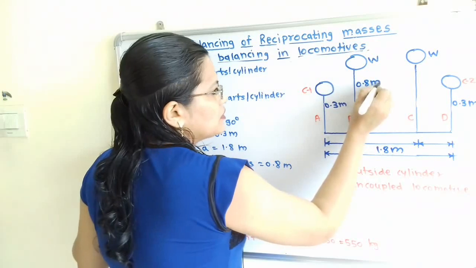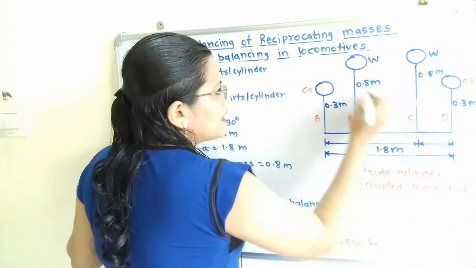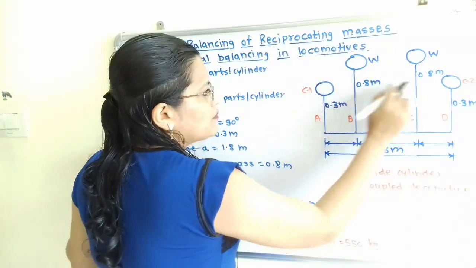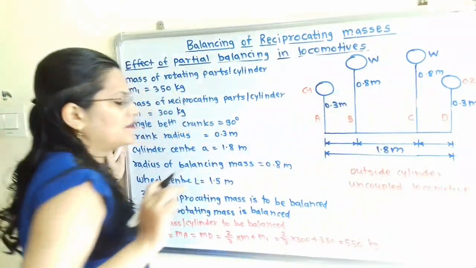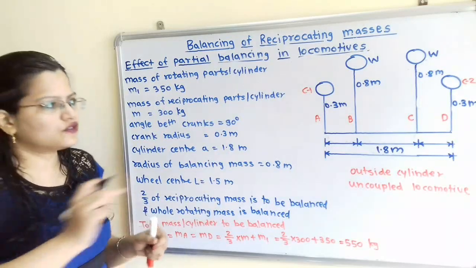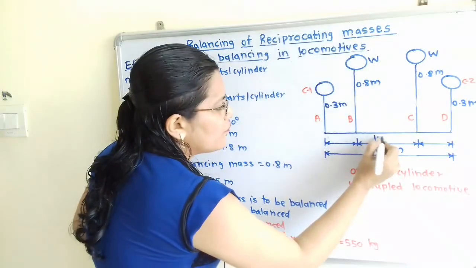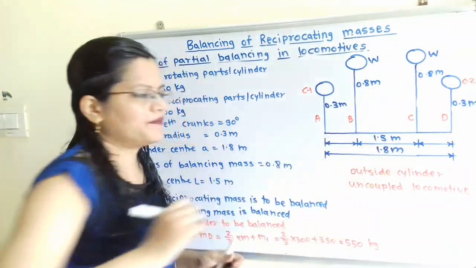So we will mention here 0.8 meter and 0.8 meter. So these vertical lines we have to draw with proportion to this 0.8 meter. Now the wheel center 1.5 meter.